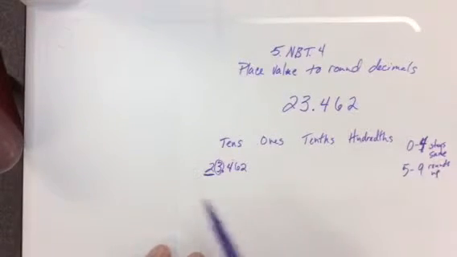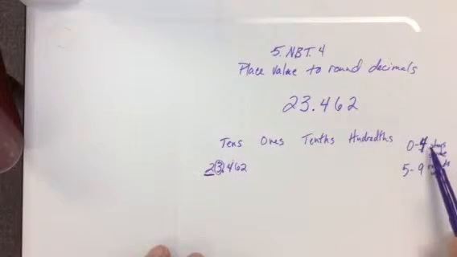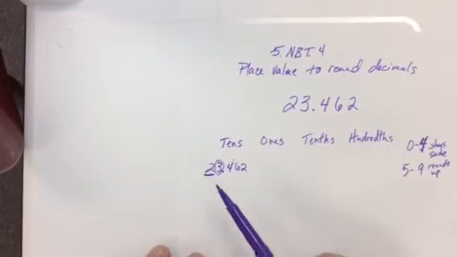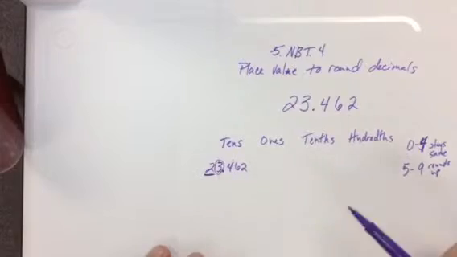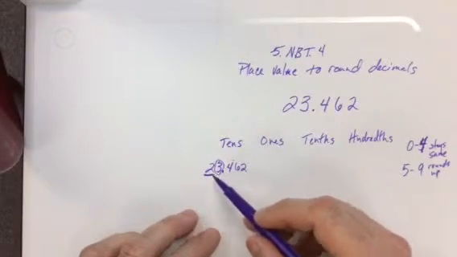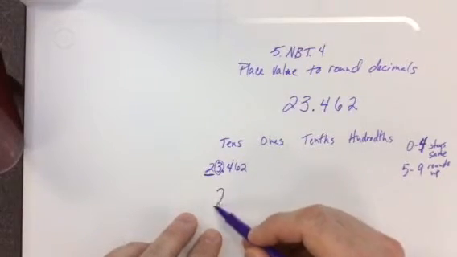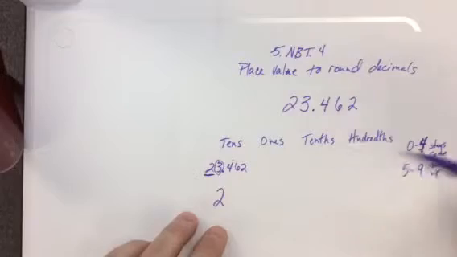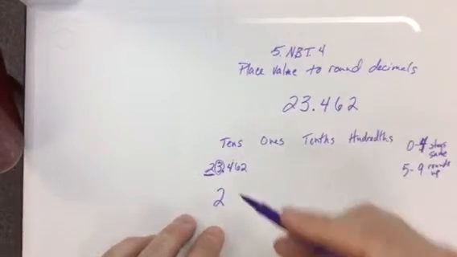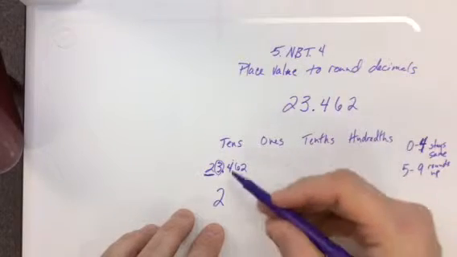So if I look at this number, I will see that it is a 3. It is in the bottom half of my numbers, so that number is going to stay the same. To write this and round it to the nearest place value of tens, how many tens do I have? I have 2, and this 3 says that I do not round it up.